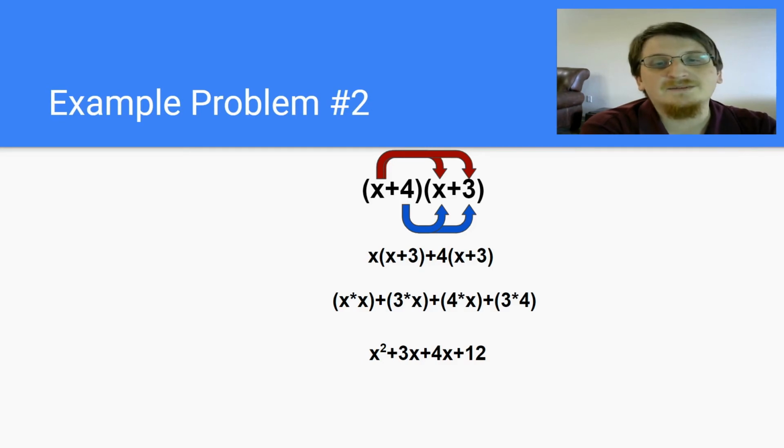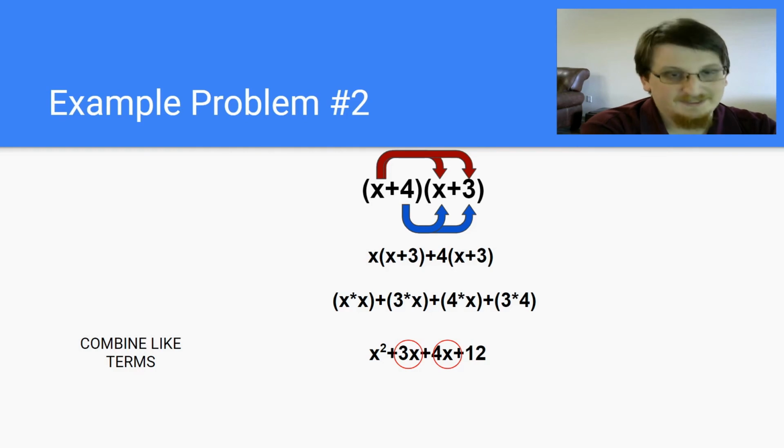Remember, in adding and subtracting polynomials, we talked about like terms. In this problem, our like terms will be 3x and 4x, since they both are x terms. But again, not x squared, because x squared and x are two different things and they cannot be combined.